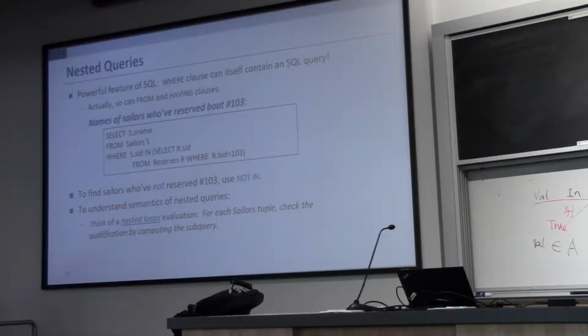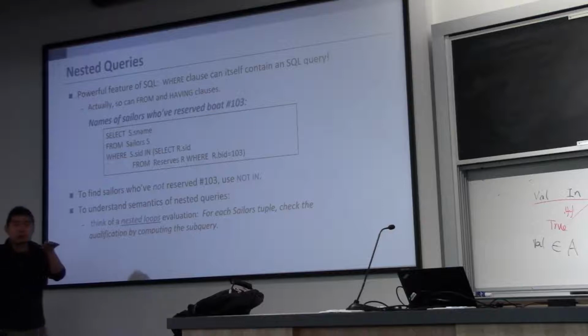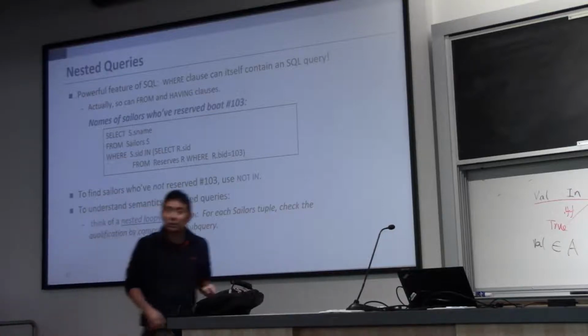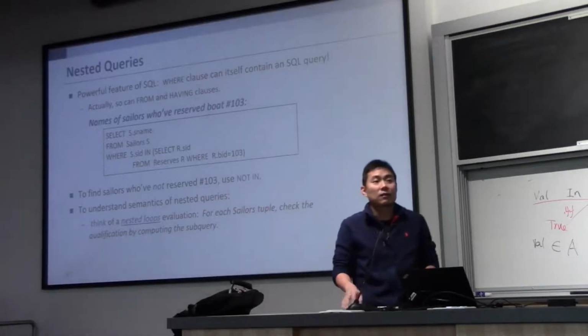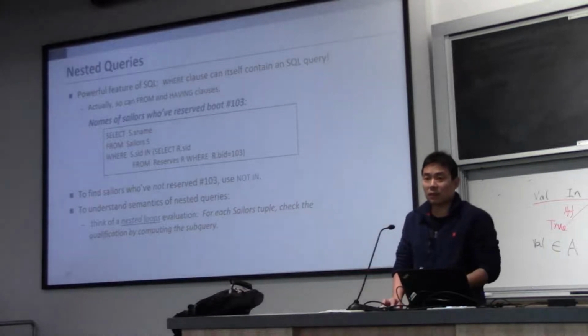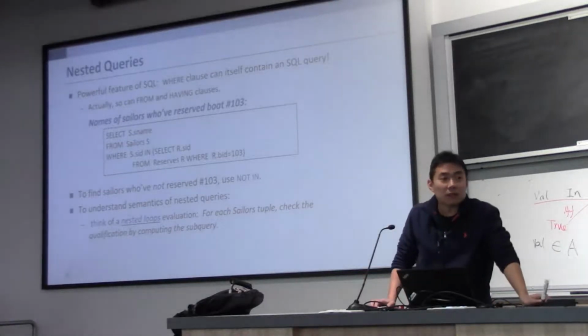Can the same sailor reserve both 1 and 3 on the same date multiple times? Using our input instances, yes or no?